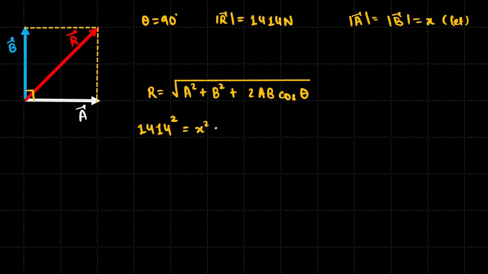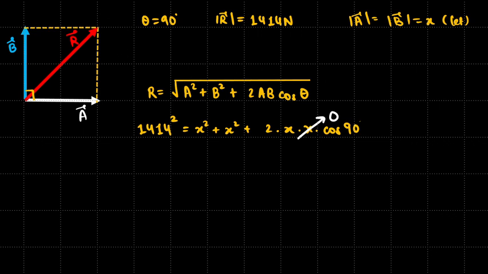So it will be x squared plus x squared plus 2xx cos 90 degrees. Cos 90 degrees is 0, so all of this is 0.